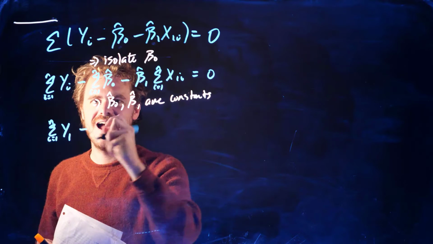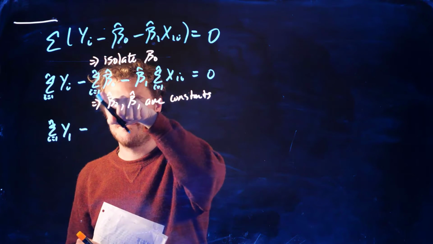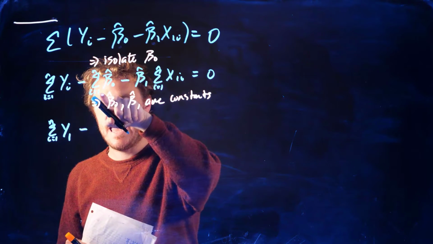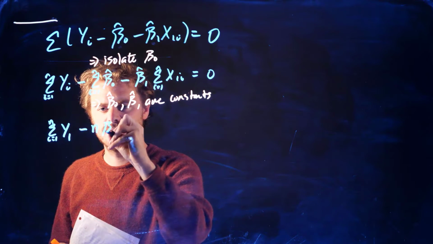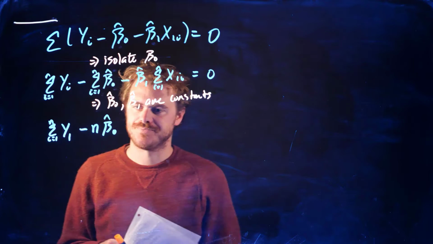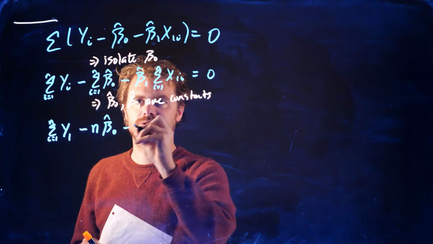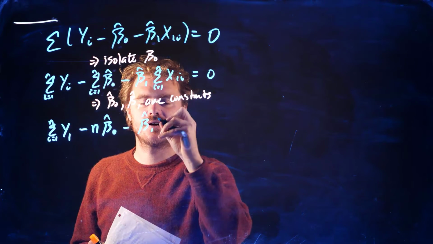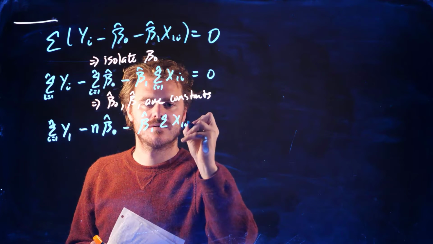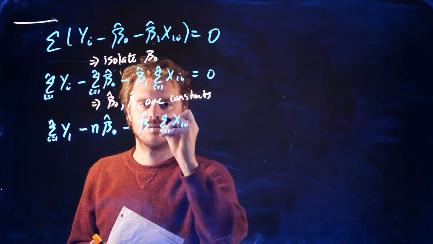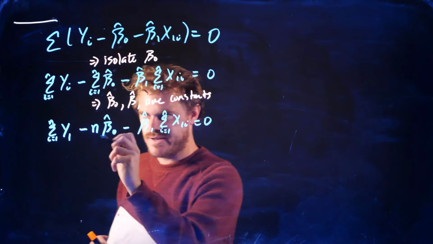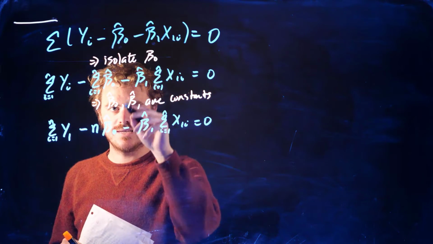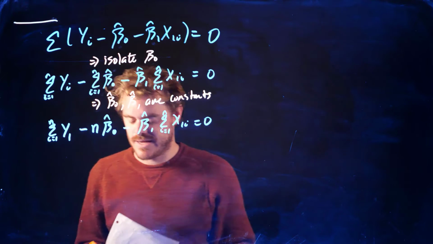Now we're subtracting beta 0 hat n times, because it's from 1 to n. So n times beta hat 0. Let's just rewrite the other. Equals 0. So this again, just uses the idea of beta 0 being a constant.